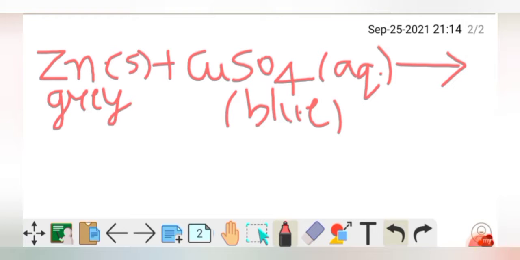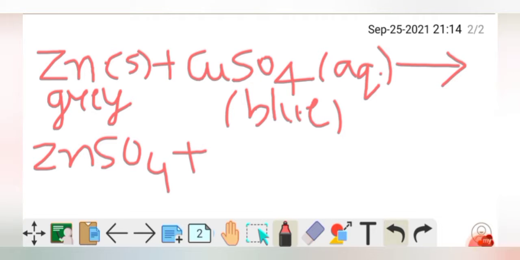Okay, so when zinc metal reacts with copper sulfate, it forms zinc sulfate solution, ZnSO4. The more reactive element displaces the less reactive element. Okay, so because of this only zinc replaces this copper, because copper is a less reactive element in the metal reactivity series, that's why it replaces this.